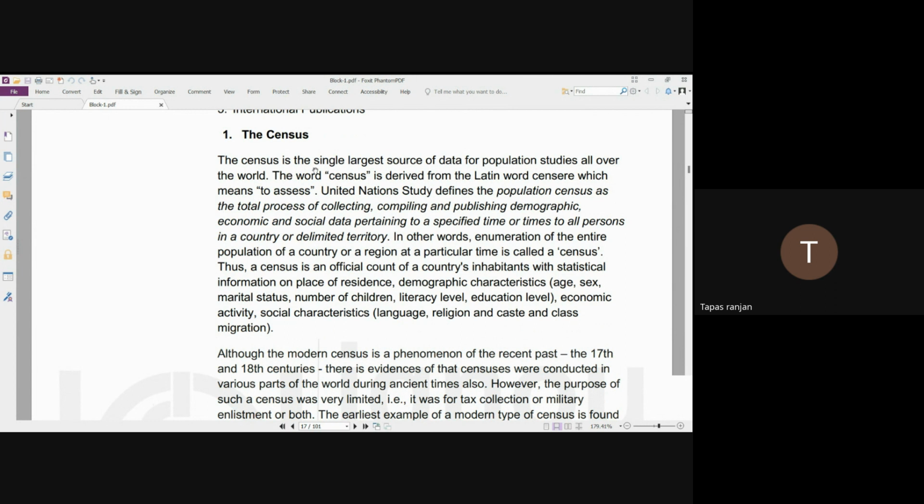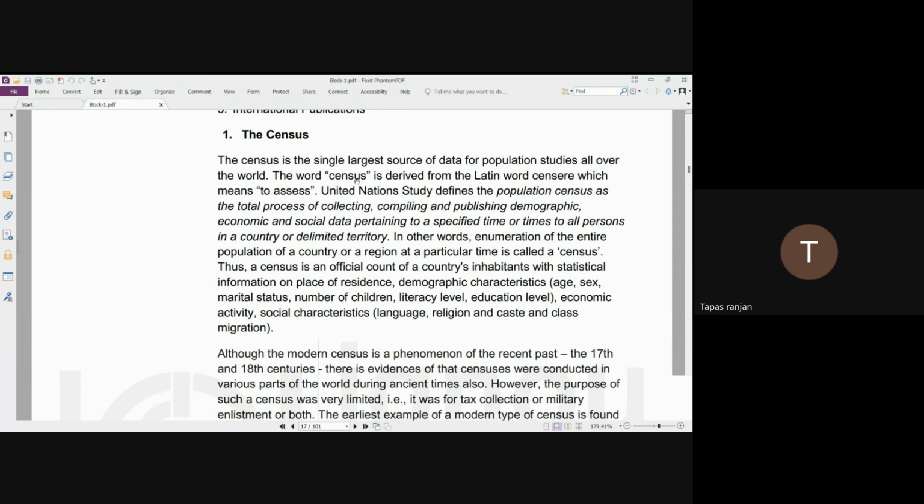The population census was started by the European nations, and they collected different population data, mostly related to the size of population, then the population density, and the age and sex data. So all these data can be found in a census.